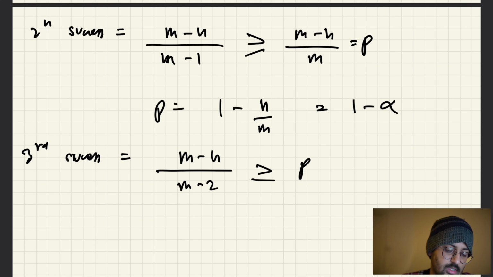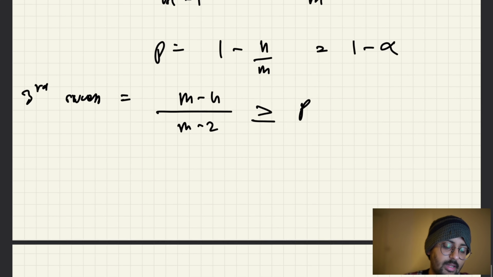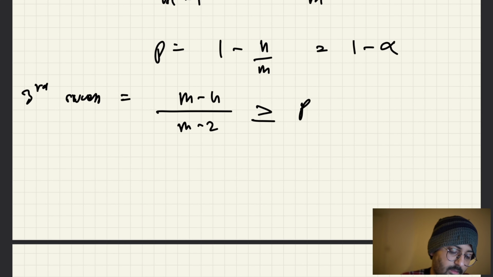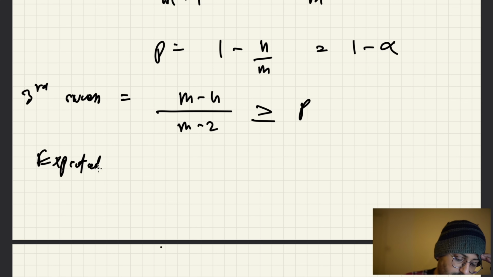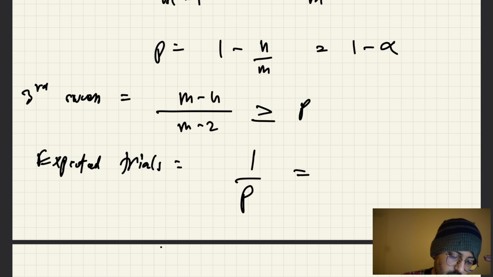So as the number of operations increase, that will always be greater than or equal to p, and p is equal to 1 minus alpha. In mathematics, when you want to get the expected number of trials using a probability, you just have to reverse it. So expected trials comes out to be 1 upon p, which is equal to 1 upon 1 minus alpha.